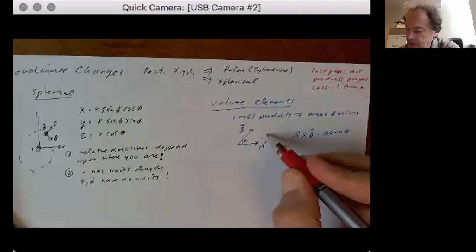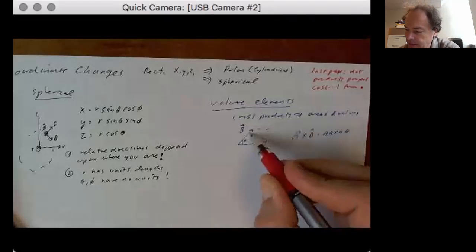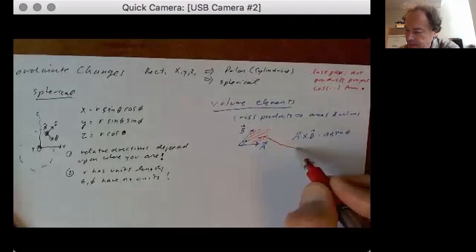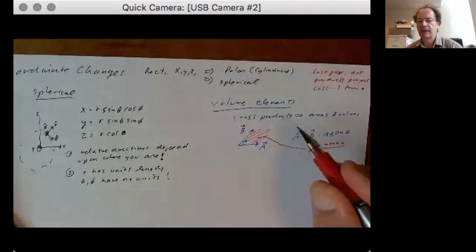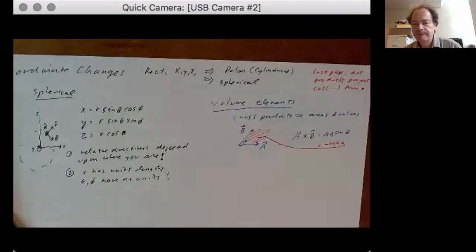That's equal to the area of that parallelogram that's defined by A and B. So when I'm thinking about volume elements, I really should be thinking about cross products.